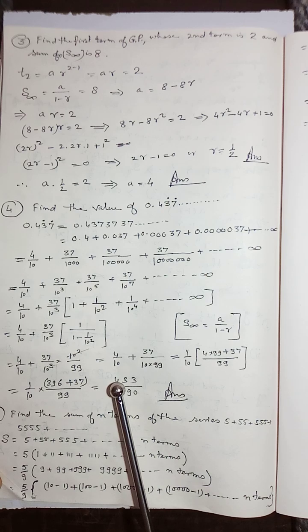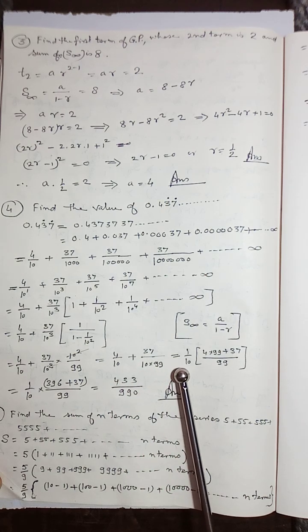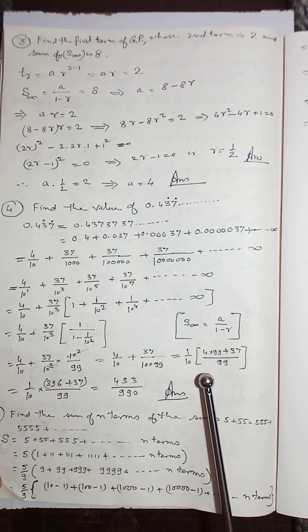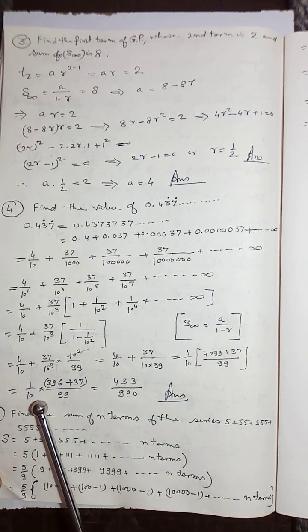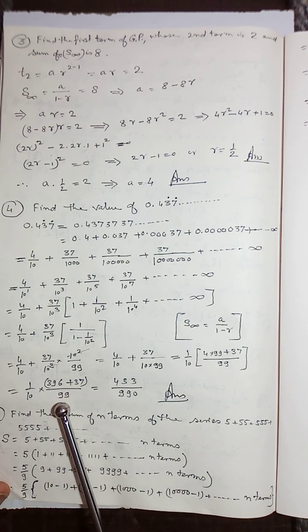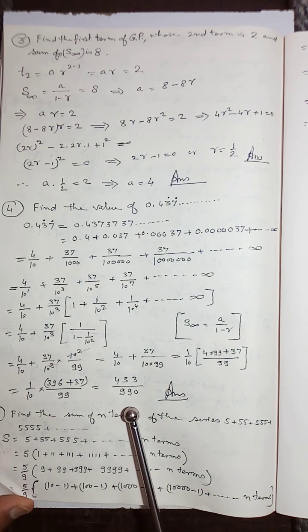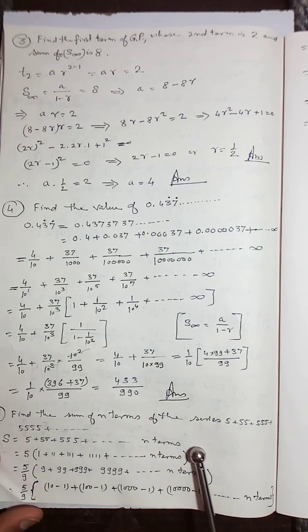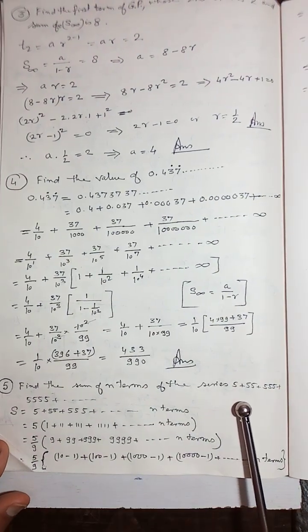So 4/10 plus 37/(10 into 99), further solved, took 1/10 common: 4 into 99 plus 37 over 99. Further solved, 1/10 into (396 plus 37)/99, and it will be equal to 433/990.